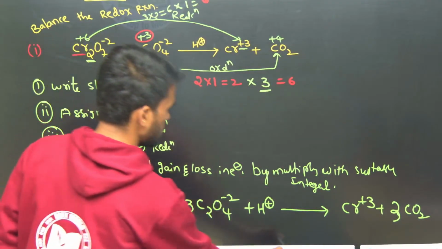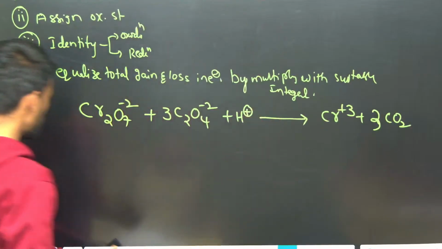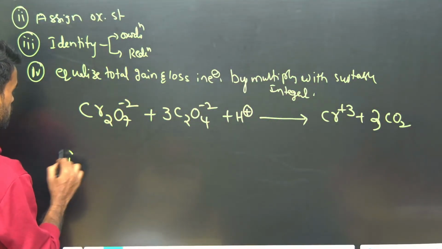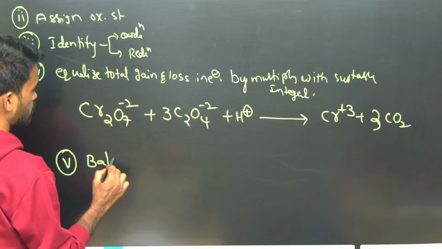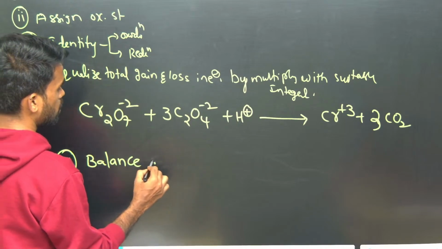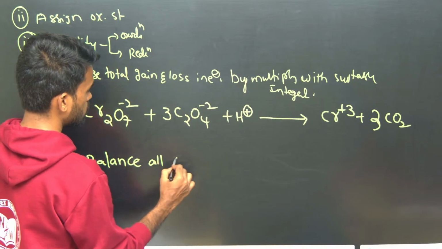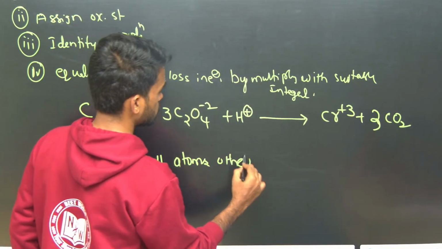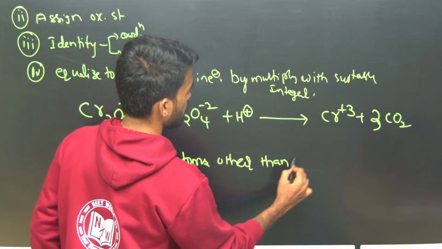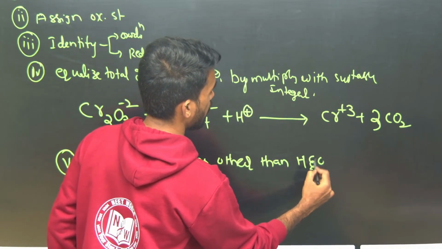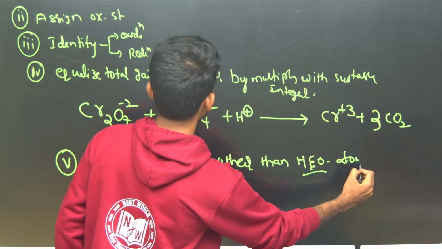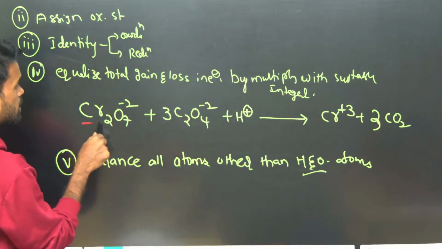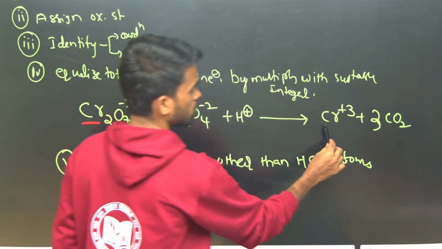After writing this, balance all atoms other than H and O atoms. How many chromiums are there here? 2. This side 1.